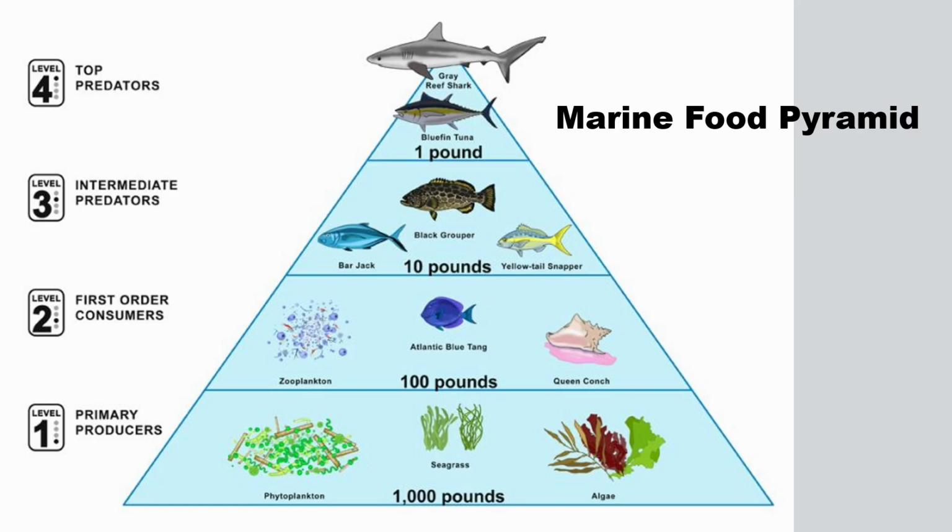So, overall, what is this image teaching us? As energy moves up the food chain, it decreases, which is why there are many producers but very few top predators.